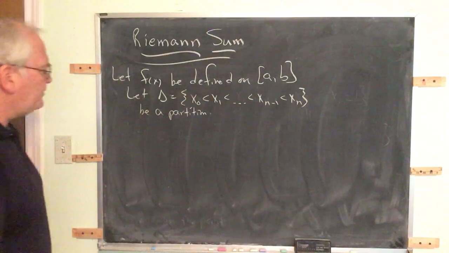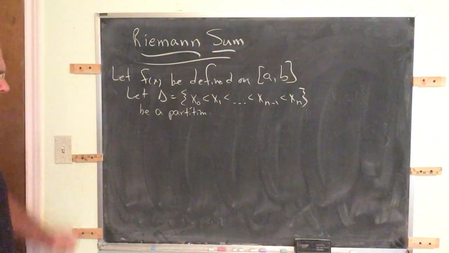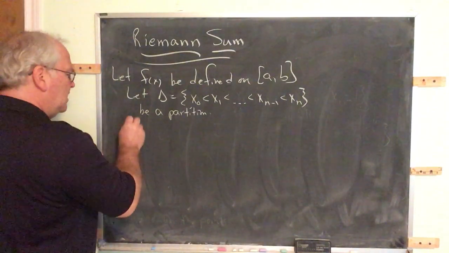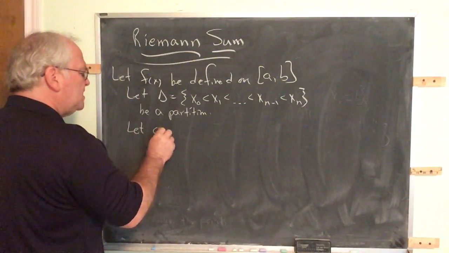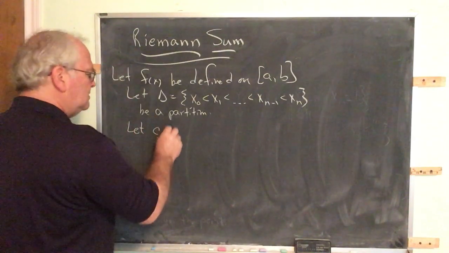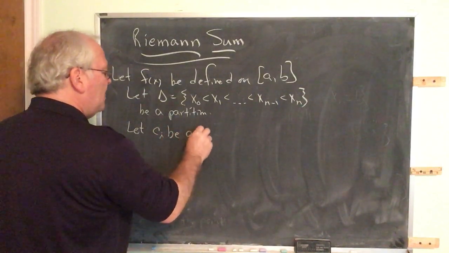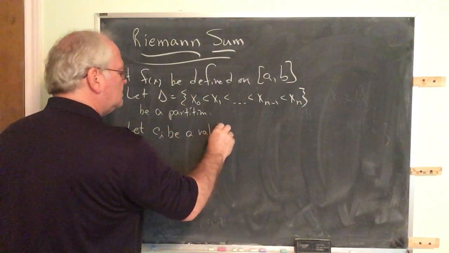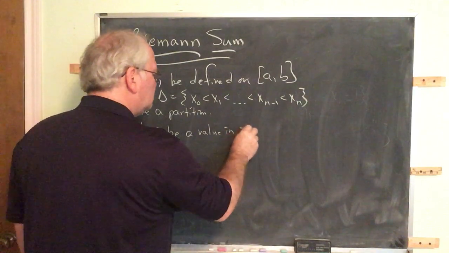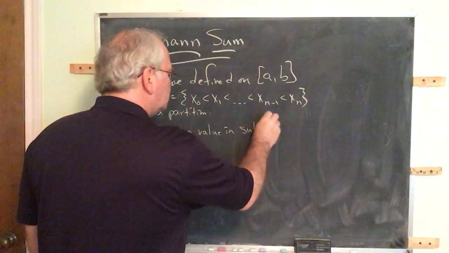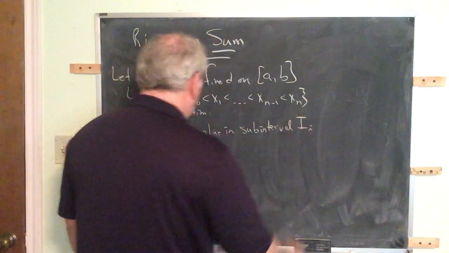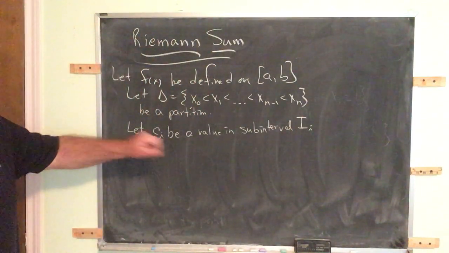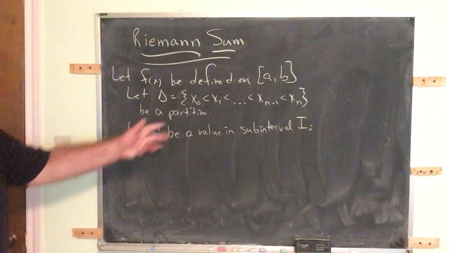Now, here's the next piece. Let C sub I be a value. C sub I is a value in subinterval I subscript little I.